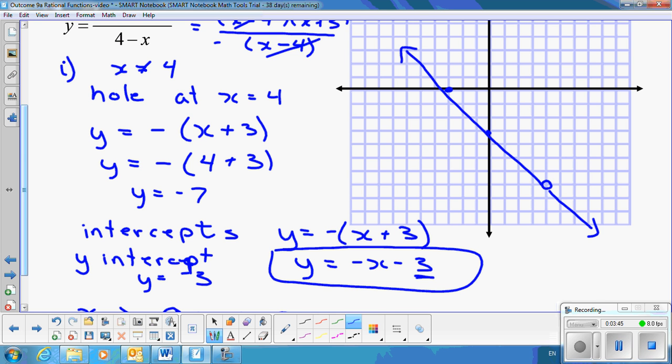This is the graph of the rational function y equals x squared minus x minus 12 over 4 minus x. To state the domain and the range, the domain would be x such that x is an element of real numbers. However, x cannot equal positive 4.